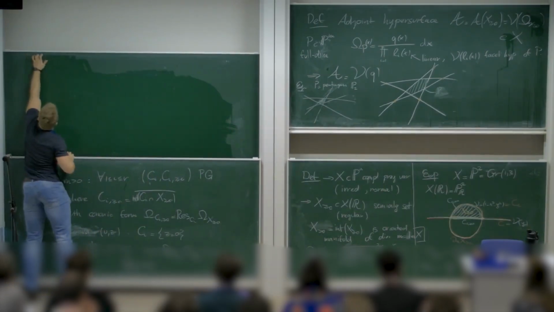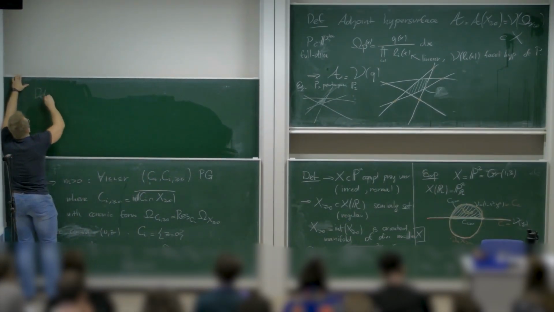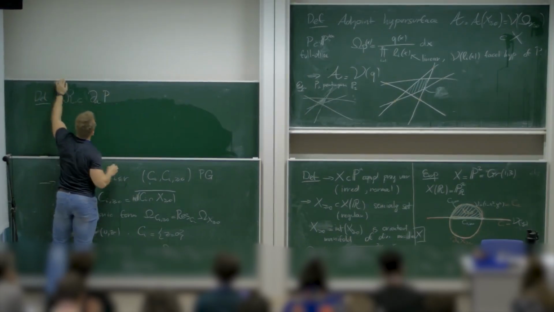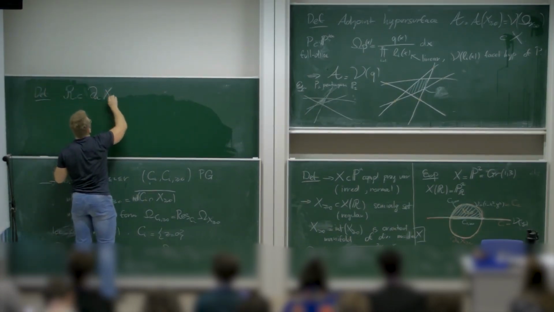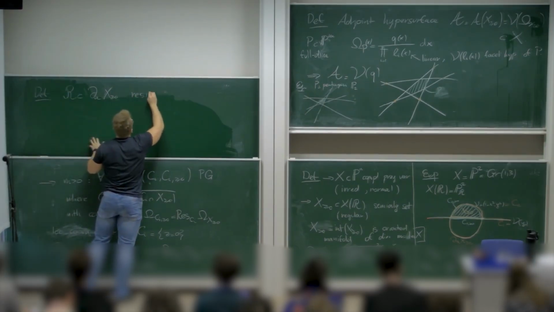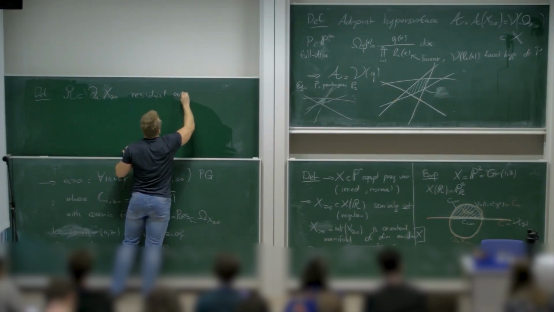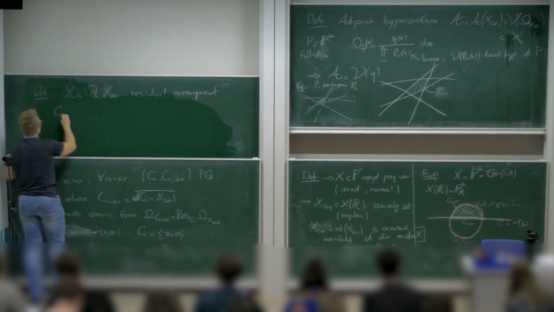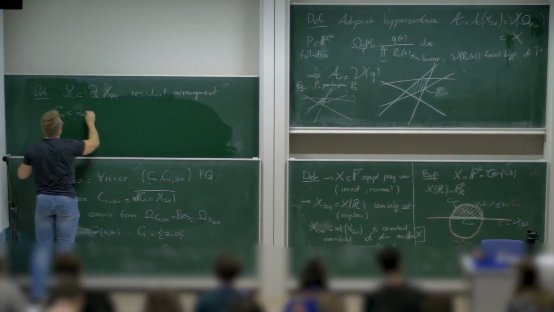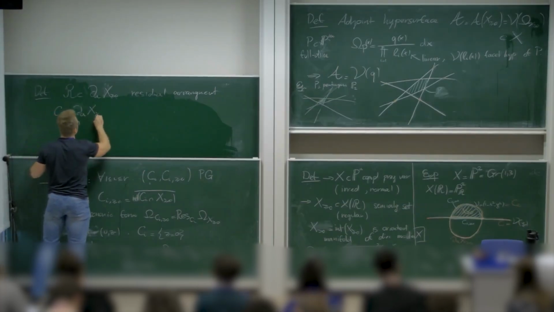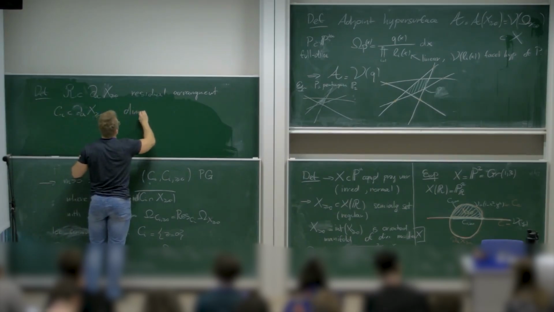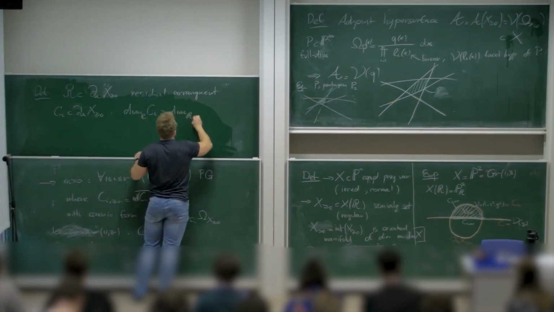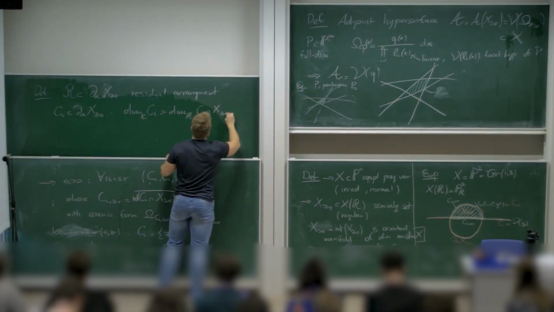Let me do it more generally for any positive geometry. R inside the algebraic boundary of P is defined as every component in the algebraic boundary such that, now this looks a bit technical, the complex dimension of C_I is greater than the real dimension of the intersection with the semi-algebraic set.